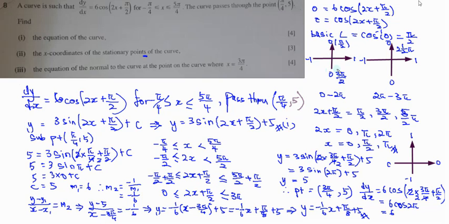Okay, you got it? So the basic angle for arc cosine 0 is the first angle that meets the requirement, which is pi over 2. So you write pi over 2 here. Besides that, you also notice it equals 0 when the angle is 3 pi over 2. So this is the second angle you have to consider.